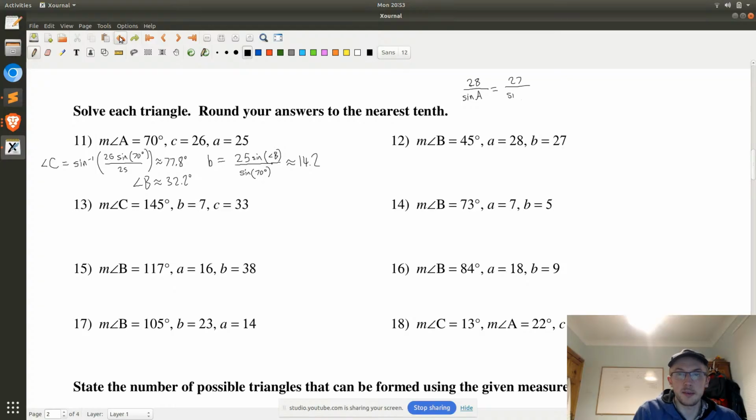On the bottom, rather. Sine of A over 28 equals sine 45 over 27. So get it.